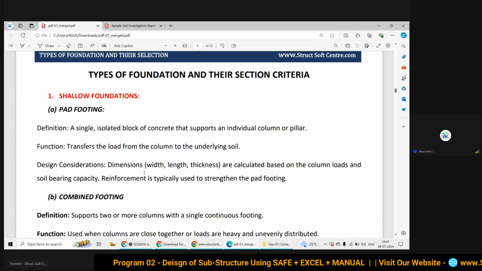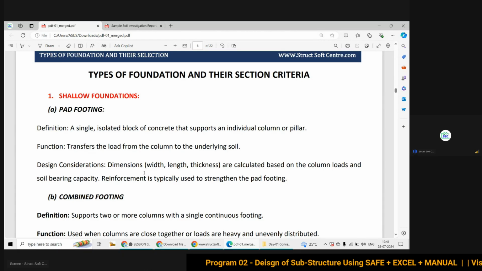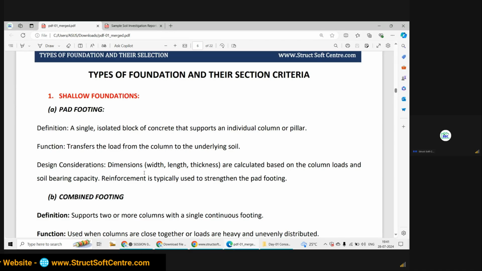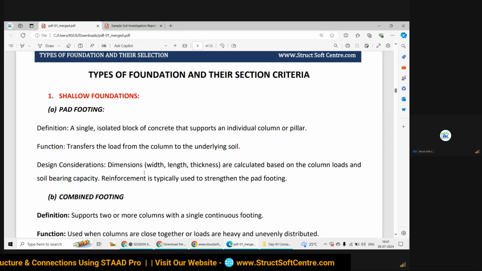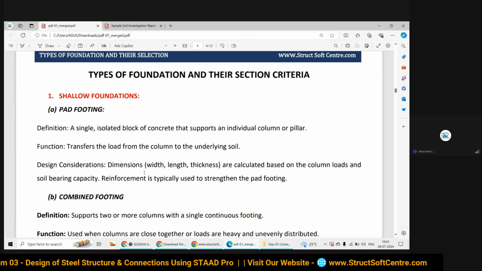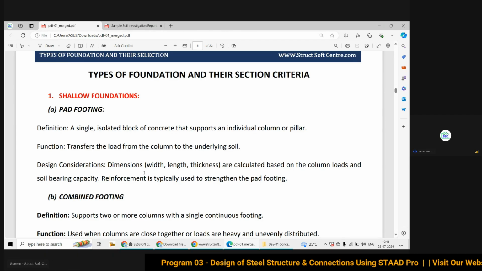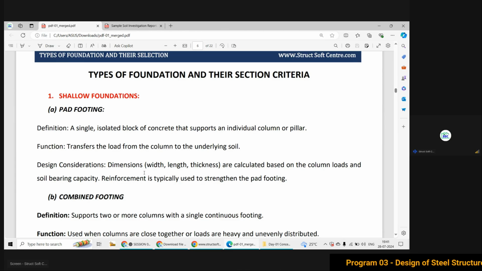So we tried to understand in our last session on what basis you decide the type of foundation. We also saw the different types of foundation, shallow foundation and deep foundation, the different types in shallow foundation and in deep foundation, in which situation you have to go for the shallow foundation, and in which situation you have to go for the deep foundation. That is all we tried to understand in our last session.